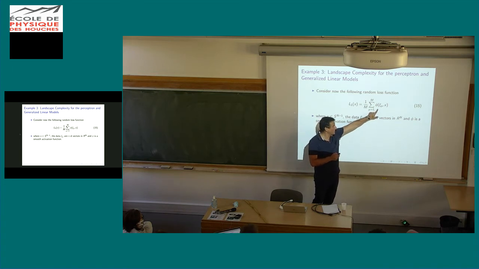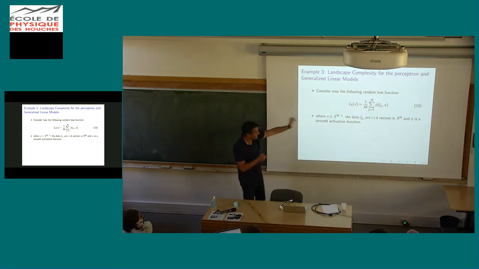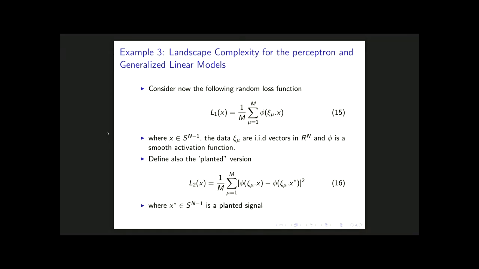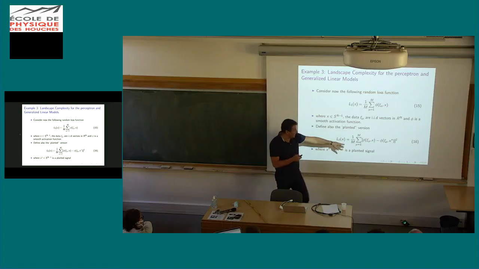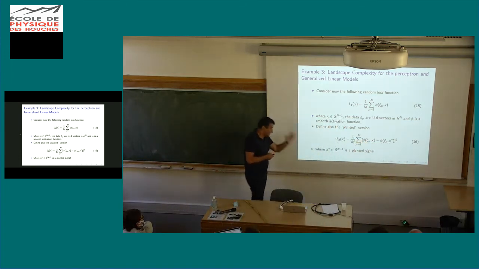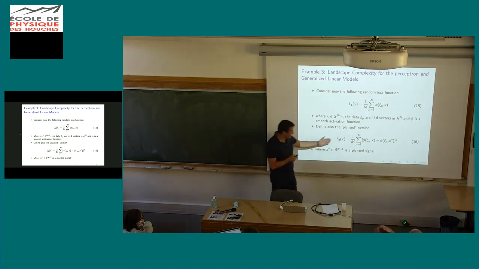Okay, these are IID, some M of them, and this is one loss function, which is not a loss. And then the real loss that I was looking at here is an L2 loss in the case where you have a planted signal, right? So this X star is what you want to understand, let's say a unit vector on the sphere. You don't know it, and this is the L2 loss, okay?